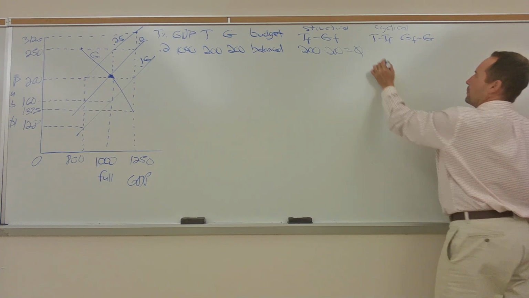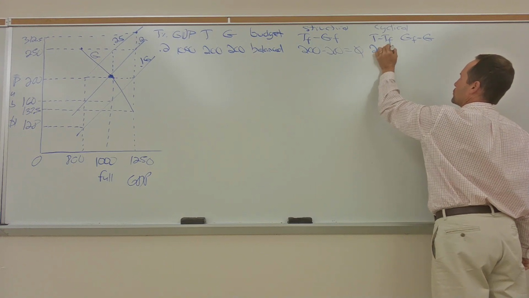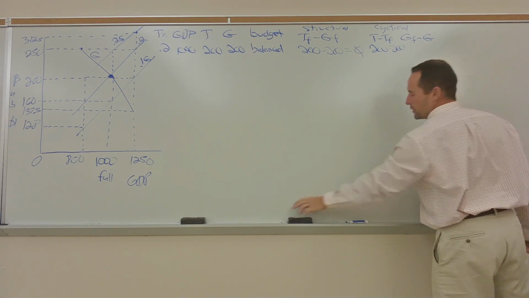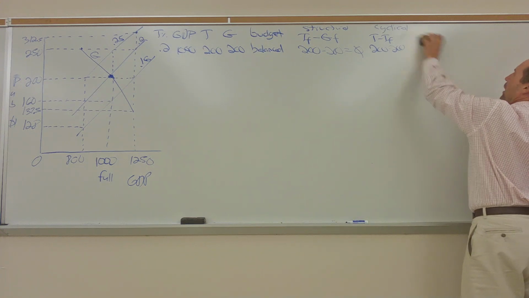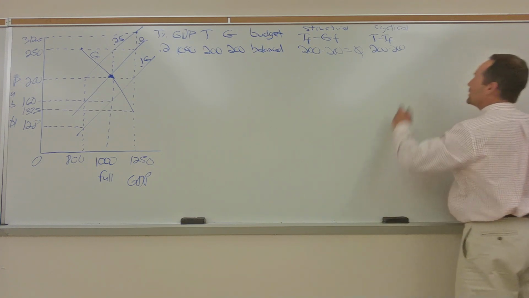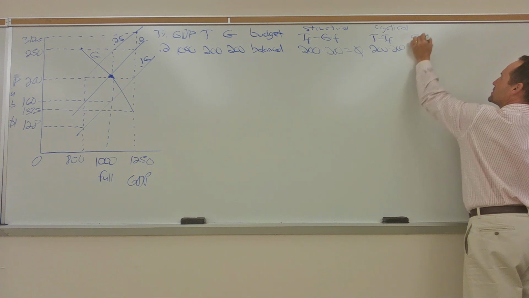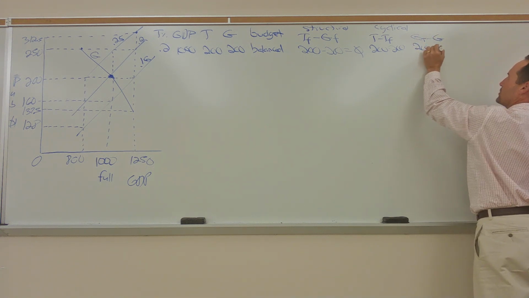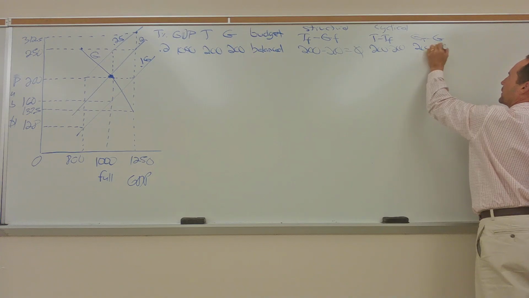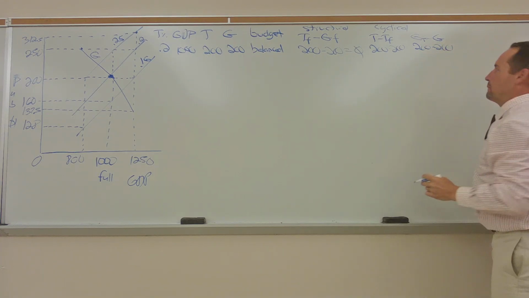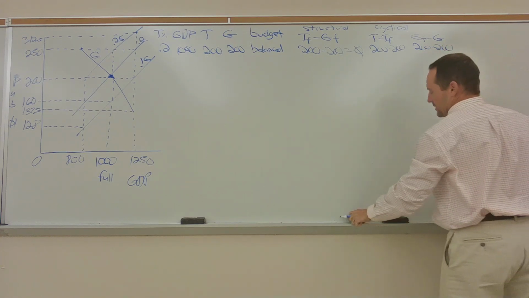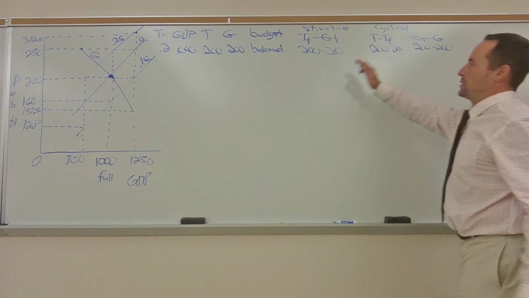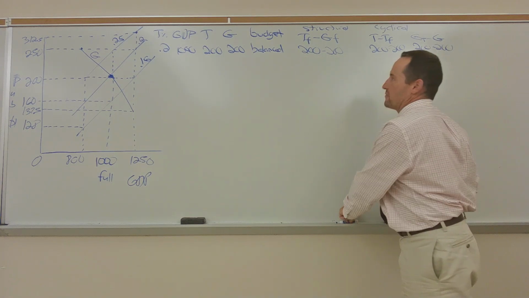So we're collecting 200. We were expecting to collect 200. We were expecting to spend 200, and we are spending 200. So there's no overspending. So, like I said in the beginning, this is going to seem redundant. It's 0 plus 0 plus 0 equals 0. Okay, fine.